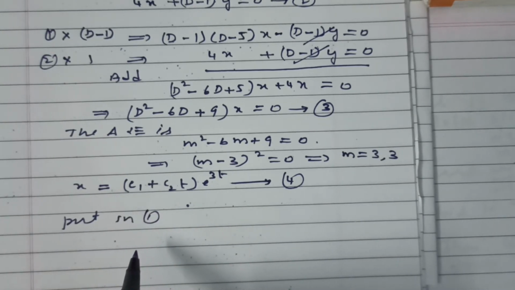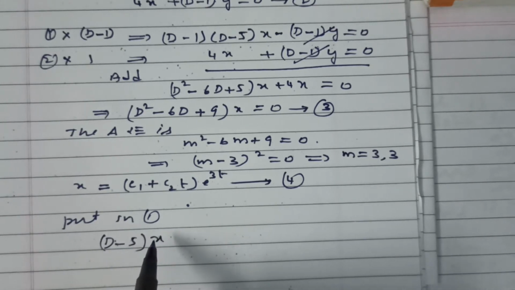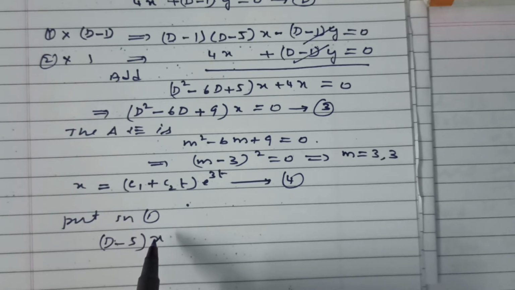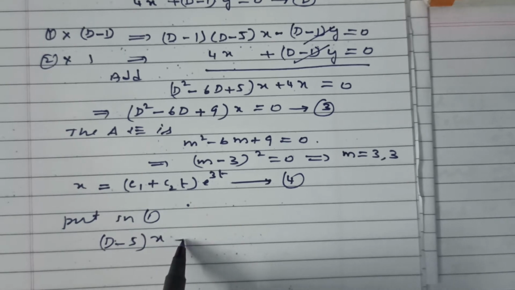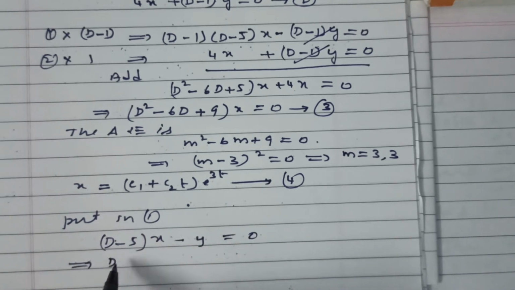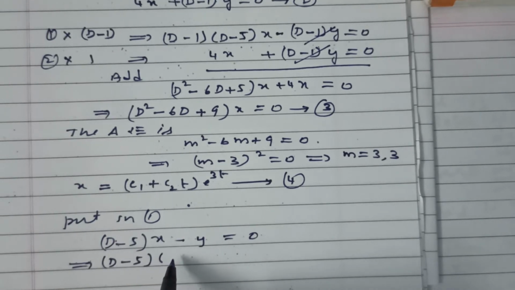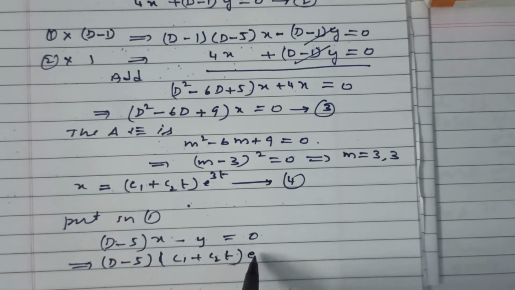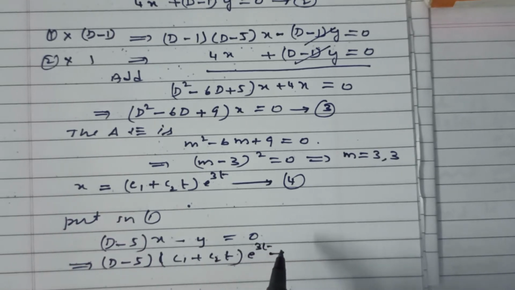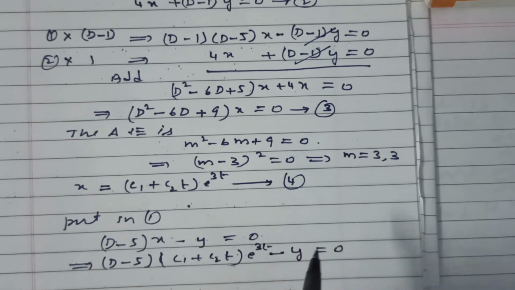What is equation one now? (D minus 5) of x minus y is equal to 0, implies (D minus 5) into the x value, (c1 plus c2t) into e power 3t, minus y is equal to 0.